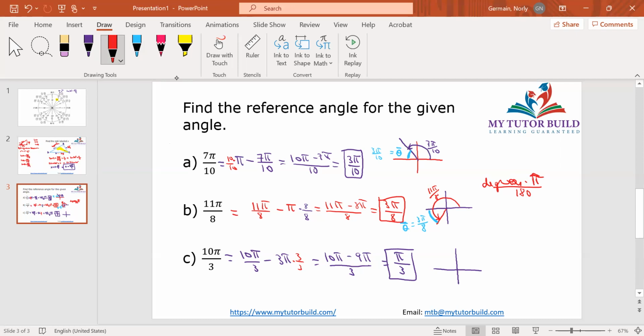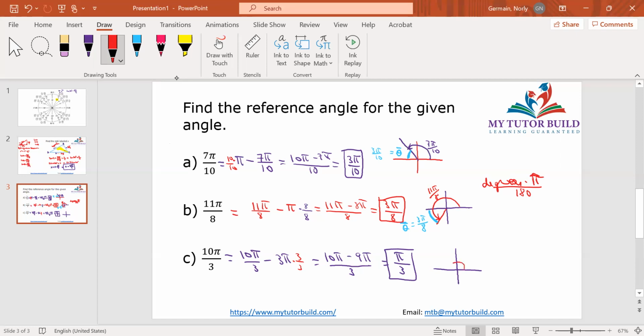We need to go around, and one revolution, 360 degrees, is 2 pi. So you have 2 pi plus another pi, that's 3 pi. Let's do 3 pi.